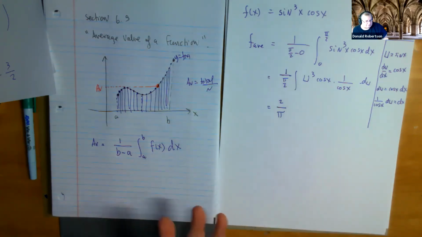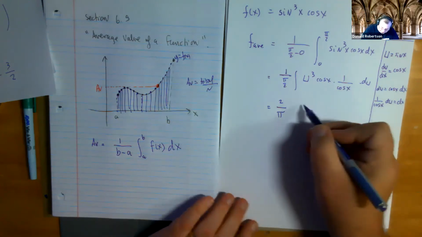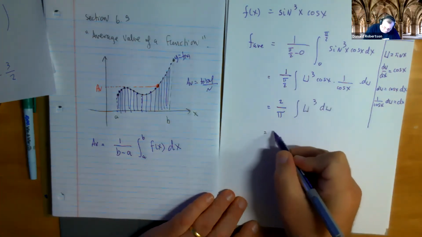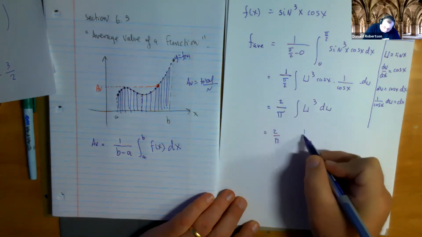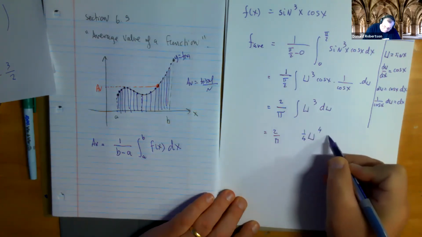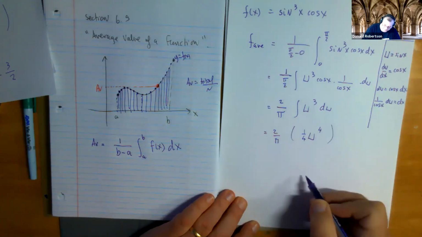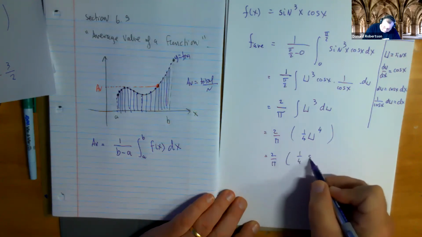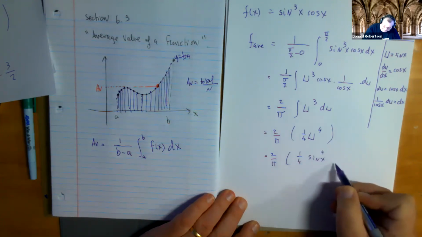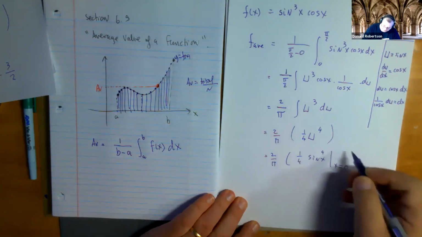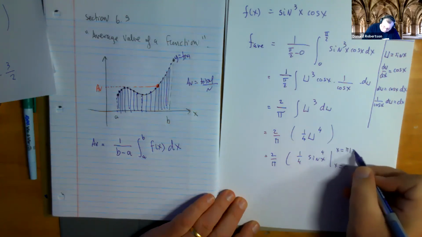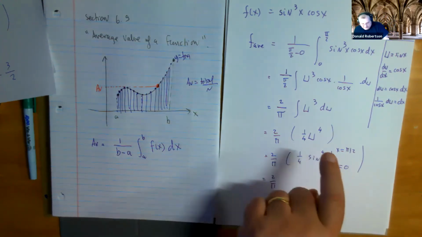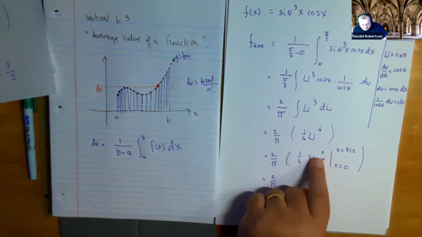Right, just visually. Right, now, we're going to do an integral of u cubed du. Perfect. Power rule. Return back and plug in x equals 0 and x equals pi upon 2. Okay, sine of pi upon 2 is 1. 1 to the 4 is still 1.